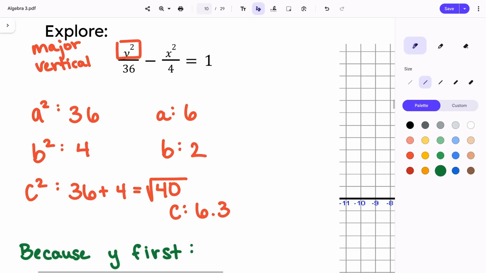We're going to put the A over the B. So A is 6, B is 2. You could reduce that if you want to, to 3. I might still think of it as 3 over 1, just because I am thinking slope here. So I'm going to want to see rise and run so that I can make sure I graph those corners.